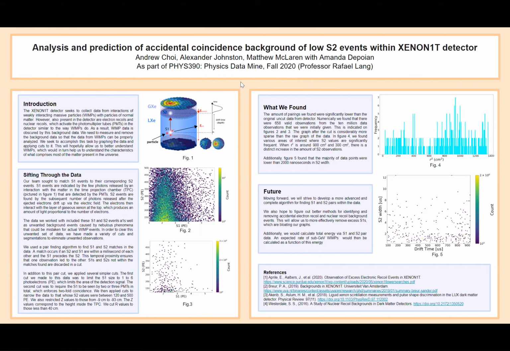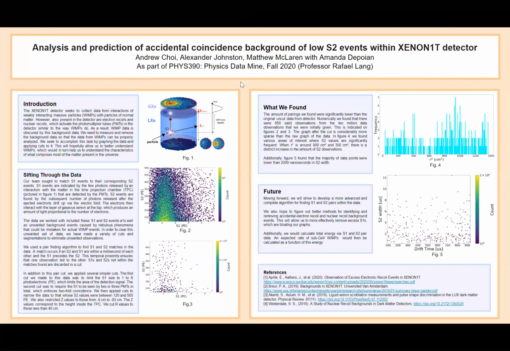In addition to this pair cut, we applied simpler cuts, such as the drift times. They had to be within a specific interval. There are things like the R values, which is the radius from the center of the detector. We had to make sure that those were in a certain interval as well.